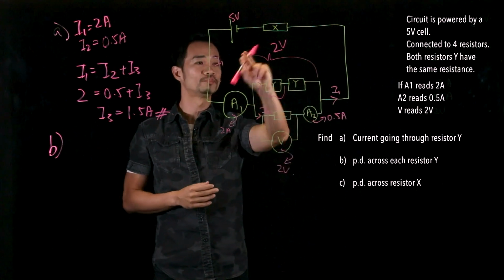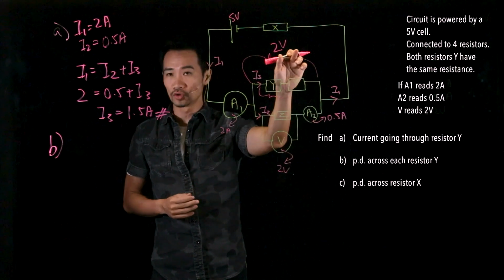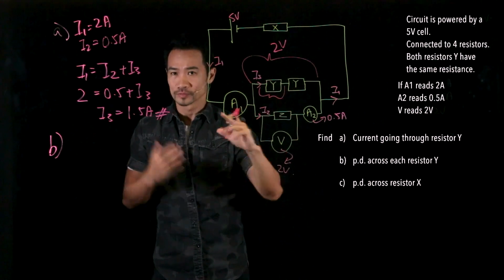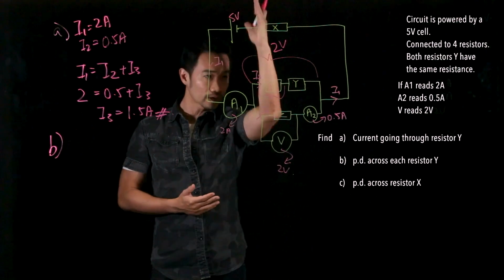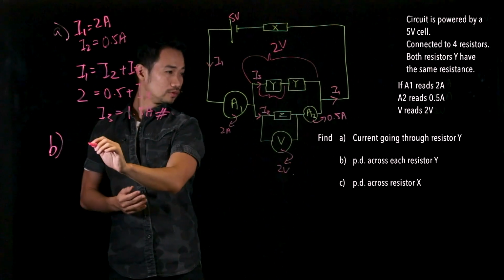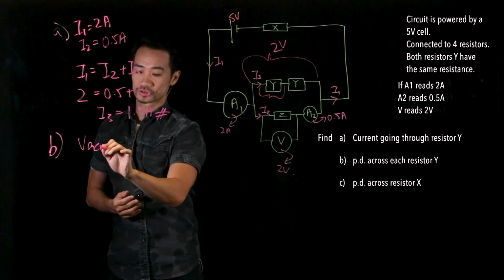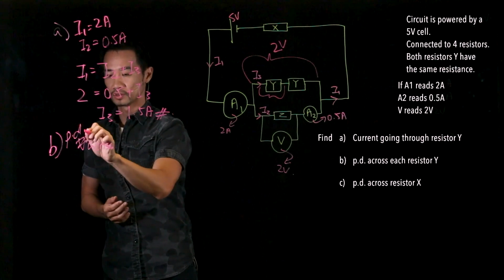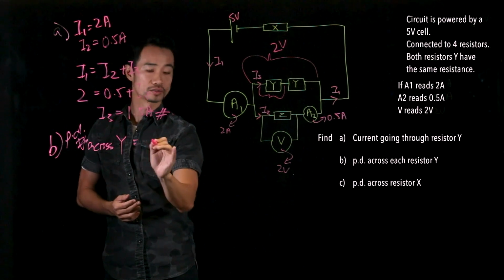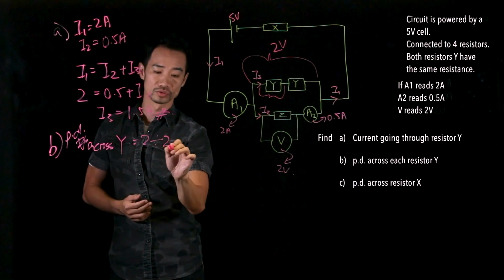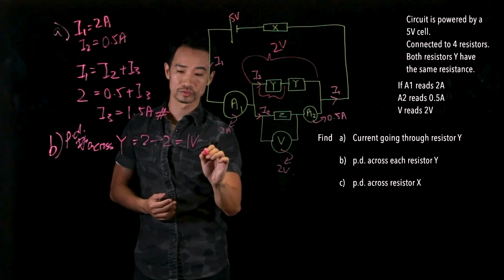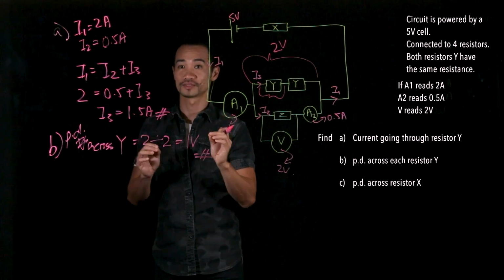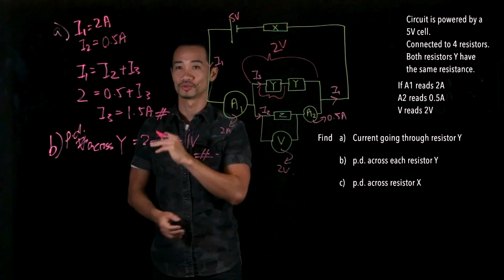If crossing over both of them requires 2 volts, what is the work done to cross one of them? Common sense question, you just divide it by 2. So the PD across Y is equal to 2 divided by 2, equals 1 volt. That's the answer. They're just testing your concept. Concept understanding is very important. Yeah, the cap drop, don't mind it.